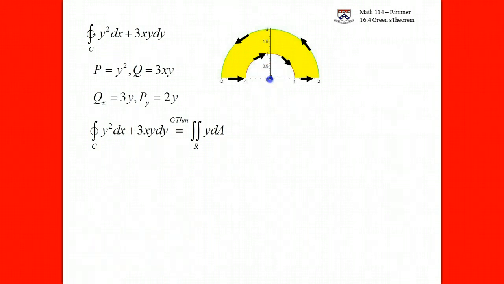You swing this guy for positive theta, and the r bounds would be 1 to 2, r equals 1, r equals 2, and the theta bounds would be 0 to pi. Yes, those are the bounds.